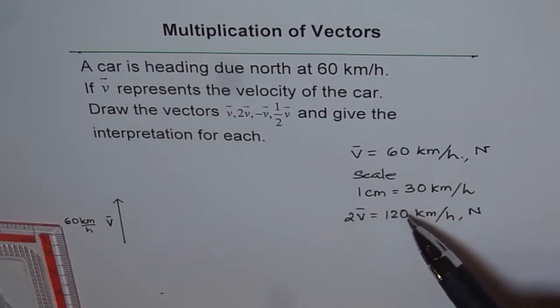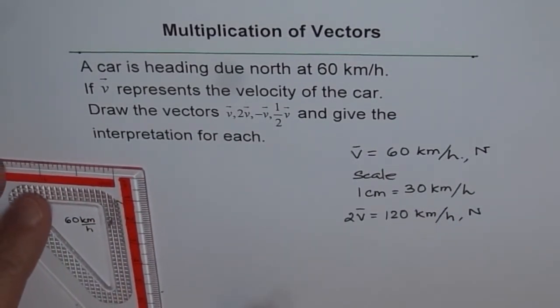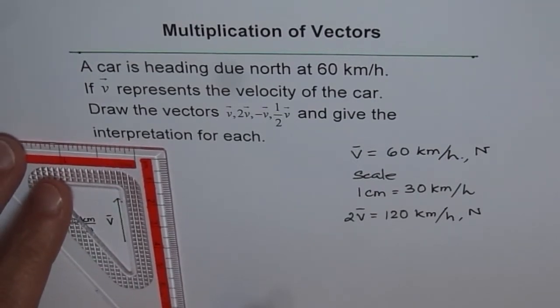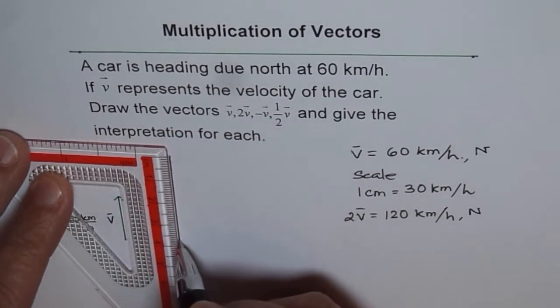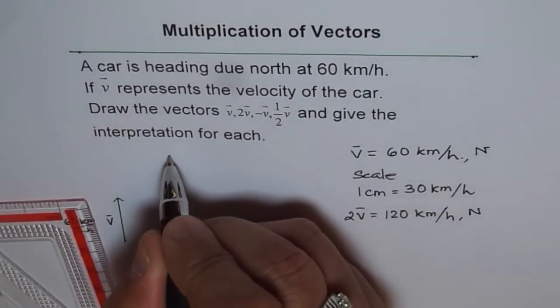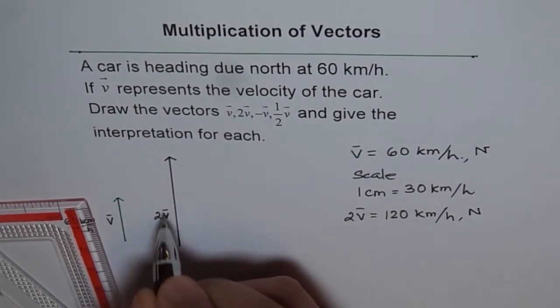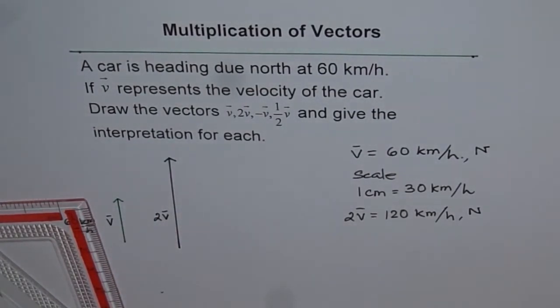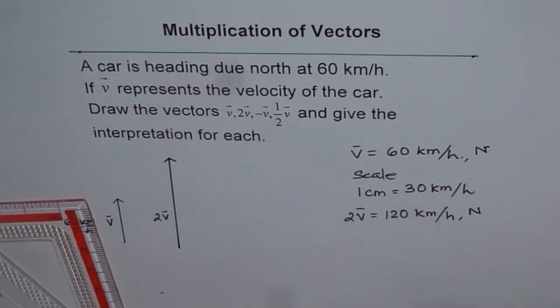So on a scale it should be 4 centimeters. Let's draw a vector which is 4 centimeters. So this vector for us is 2v, right? So as you can see, when we multiply these vectors by a number, then their magnitude changes.